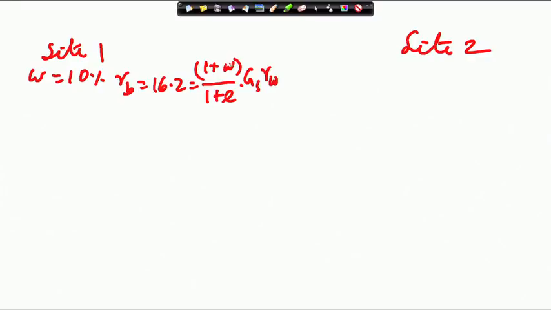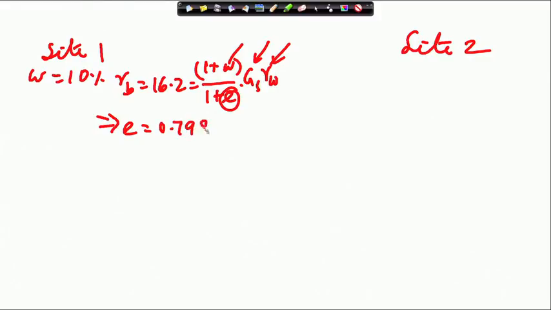Since water content is given, I am using this formula. I am not using Sr into e, because I have this one, and Gs can be assumed, W and gamma W are known. So the only unknown is e. From here I can find the e value equal to 0.798.